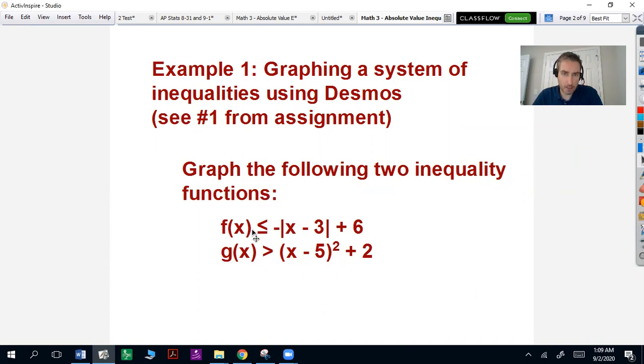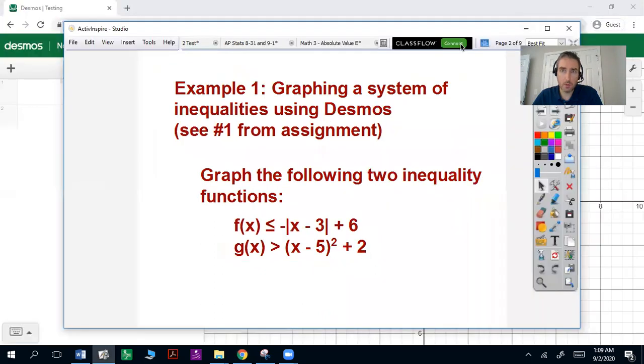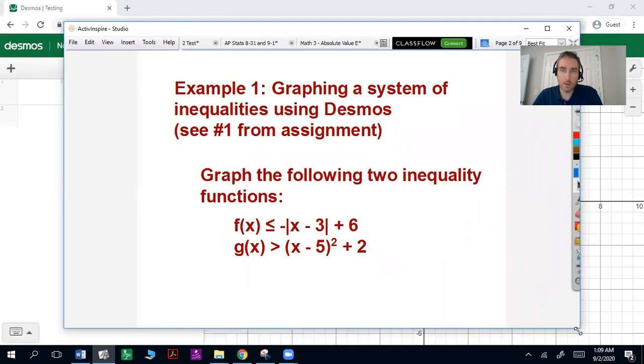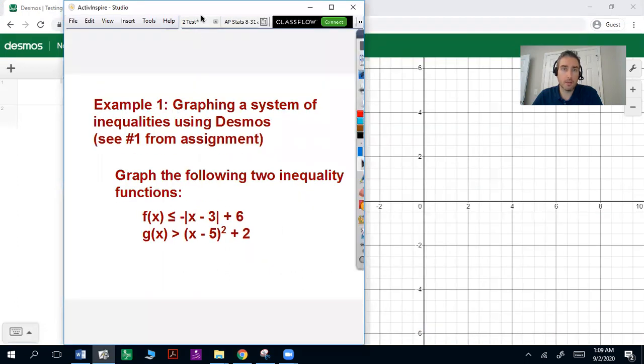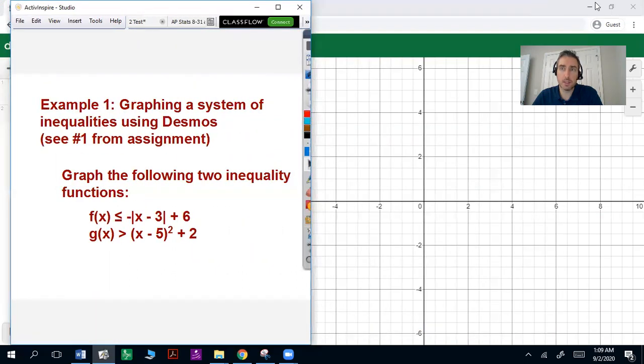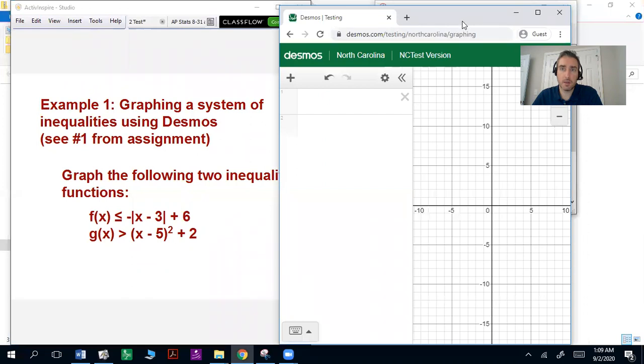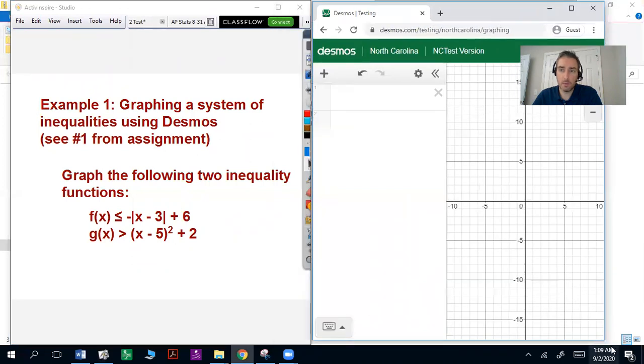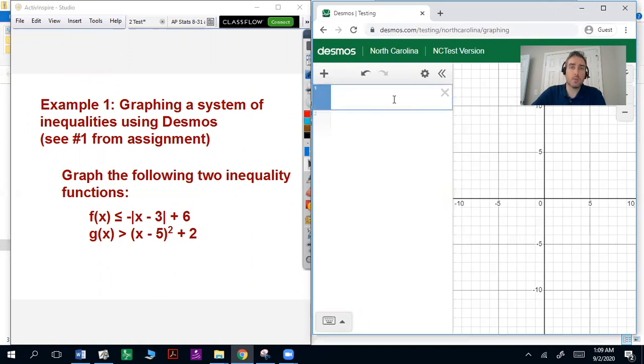So f of x is less than or equal to a negative absolute value of x minus 3 plus 6. And let's move those side by side so we can see them both together. So the way we write it, we'll do our f of x.